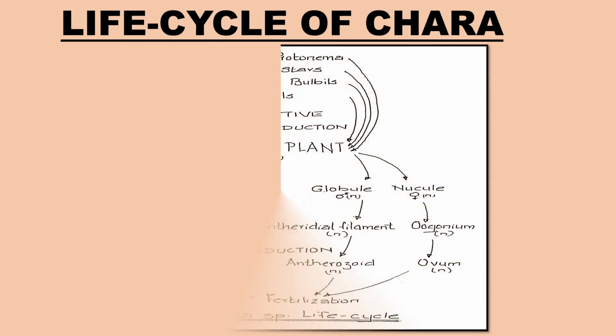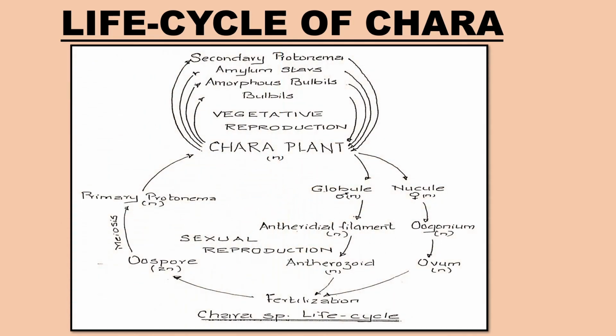Finally, let us summarize the life cycle of Chara. The filamentous green alga Chara reproduces both vegetatively and sexually. Vegetative reproduction takes place by different structures such as bulbils, amorphous bulbils, amylum stars, and secondary protonema.